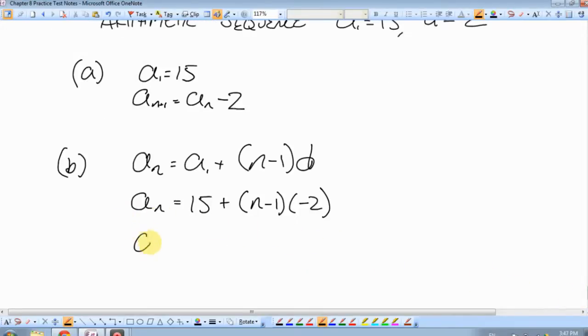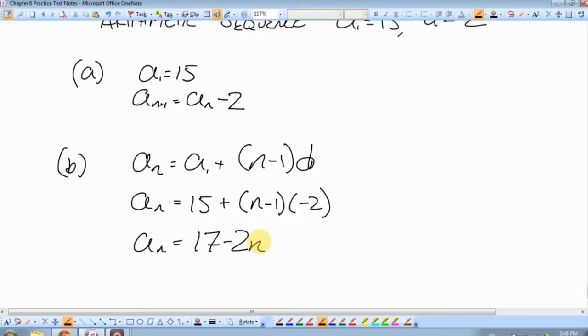And if you simplify that out, you get, what, 17 minus 2n? Yes. 17 minus 2n. Unless I did my arithmetic wrong.